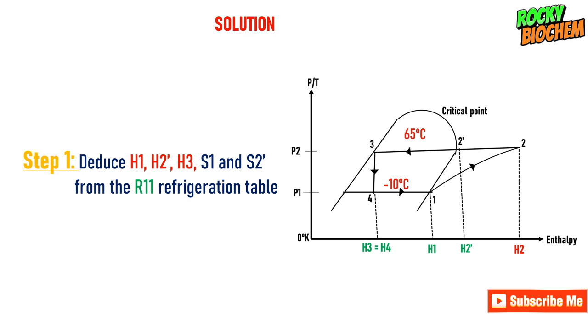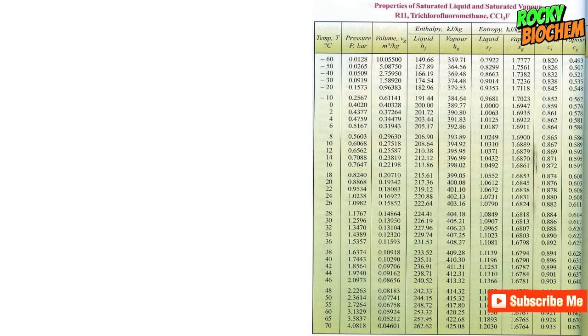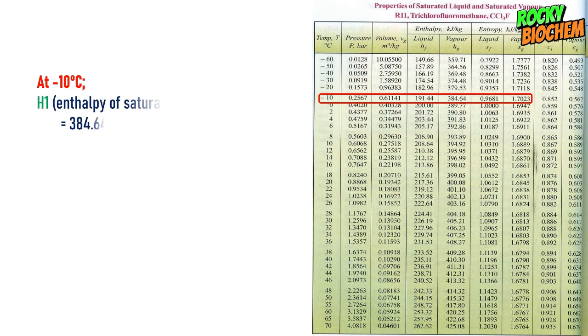So this is the Freon 11 refrigeration table. From the question, we are deducing the values of H1, H3, and then H2 from the table. Let's start with the temperature at the evaporator region, minus 10 degrees Celsius. At the evaporator region, when the refrigerant absorbed heat from the food, it existed as a saturated vapor.